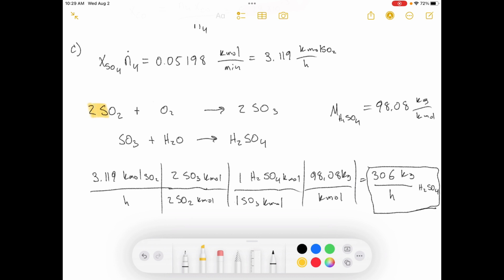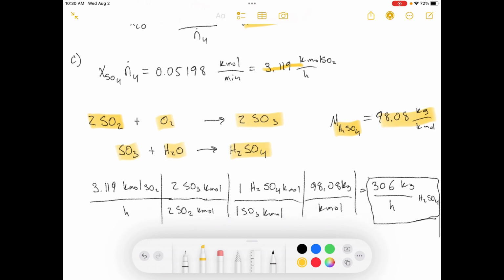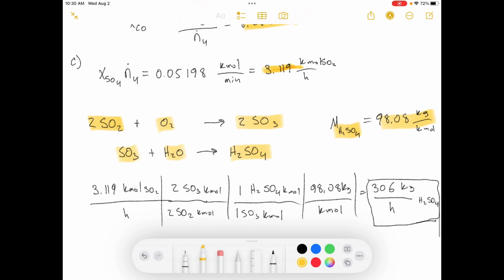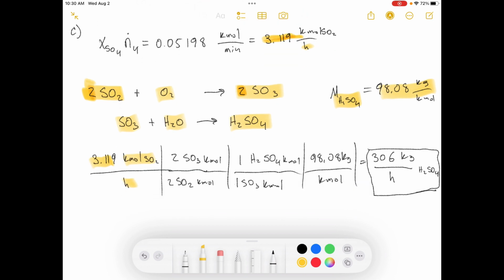Sulfur dioxide combines with oxygen and forms sulfur trioxide. Sulfur trioxide combines with water to form sulfuric acid. The molar mass of sulfuric acid is here. So we say this is our kilomoles of sulfur dioxide per hour. There's a 2:2 conversion, or stoichiometric ratio, of sulfur dioxide to sulfur trioxide.